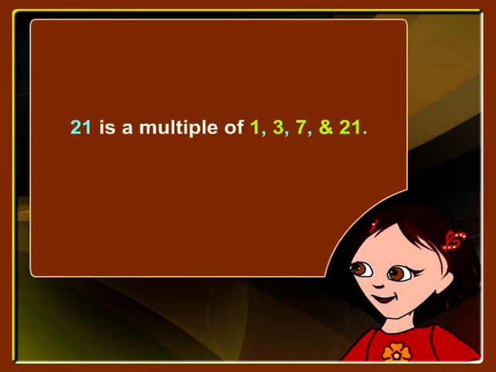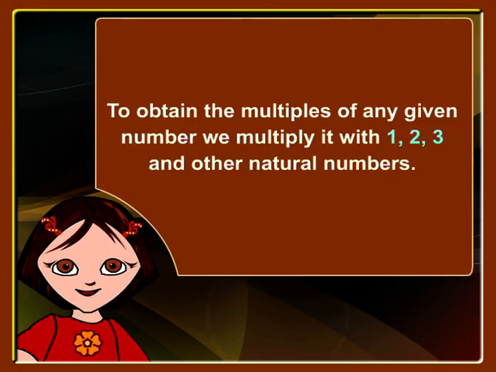Similarly, 21 is a multiple of its factors 1, 3, 7 and 21. To obtain the multiples of any given number, we multiply it with 1, 2, 3 and other natural numbers.